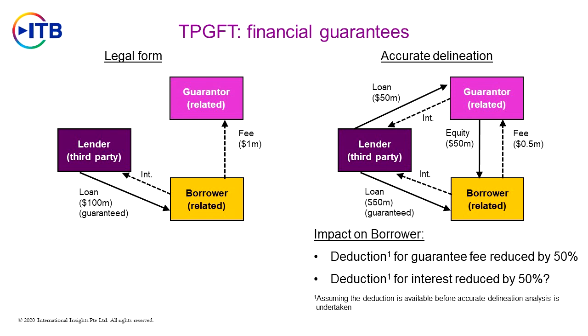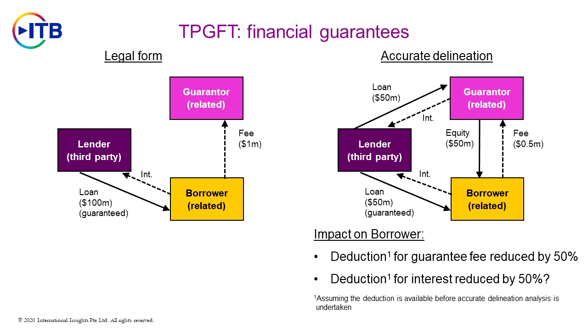The third-party lender also lends $50 million to the guarantor, and the guarantor makes a $50 million equity contribution to the borrower.